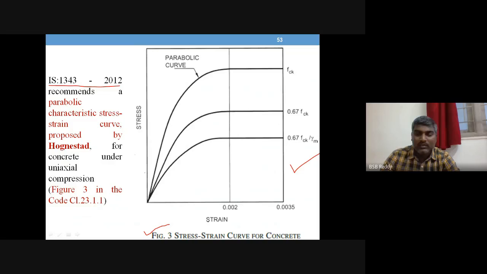Okay, so characteristic compressive strength, and then size effect is involved in this, hence a factor of 0.67 is included, and then finally the material factor of safety for obtaining the design stress strain curve. This is the design stress strain curve.